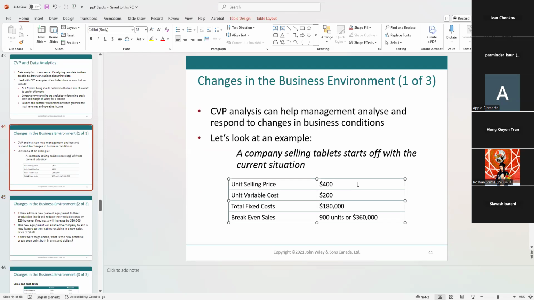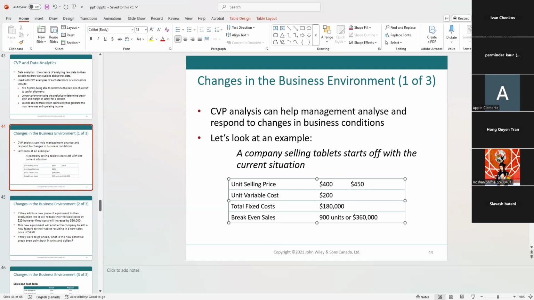First, the sales price is going to change, right? How much will be the new sales price? 450. The new sales price is 450. What else is going to change? Variable cost. How much will be the new variable cost? 180. Are we reducing it?